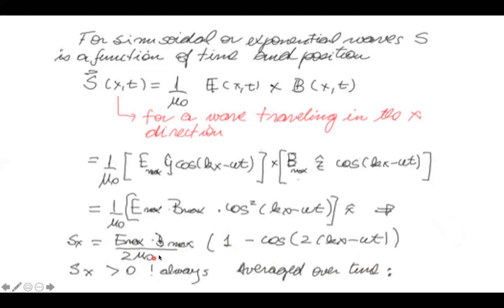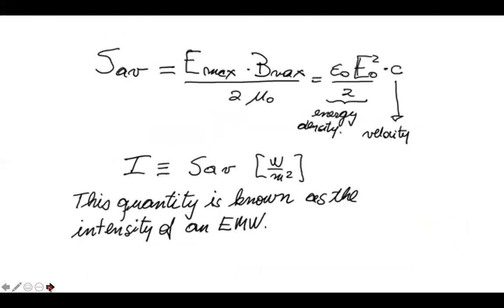And so that is an important thing to remember. This S vector is called the Poynting vector. I didn't write it down. I should have done it. And the average value of that is what is called the intensity of an electromagnetic wave. So the intensity is measured in watts per meter squared.